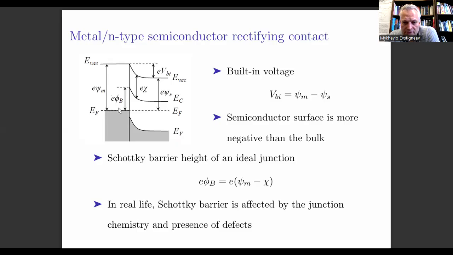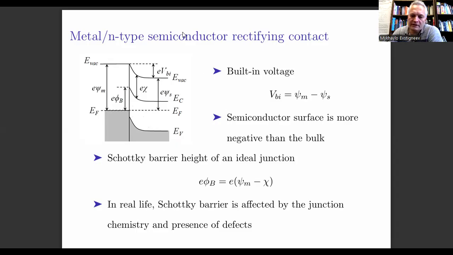Electron charge is negative, so electric potential has the opposite sign than the energy of the electron in the energy band diagram. This means that if the bands are bent up, then the surface potential that develops is negative. So the semiconductor surface is more negative than the semiconductor bulk.